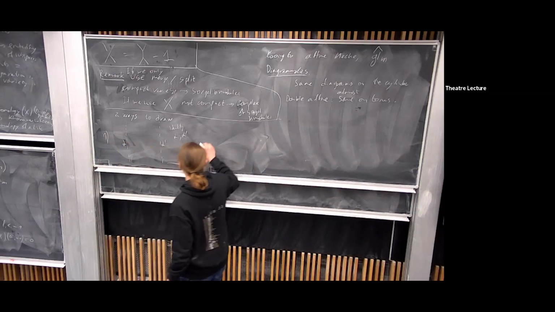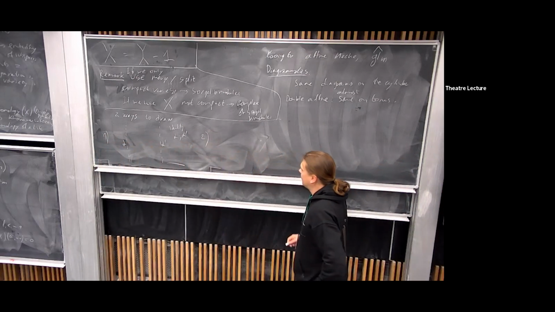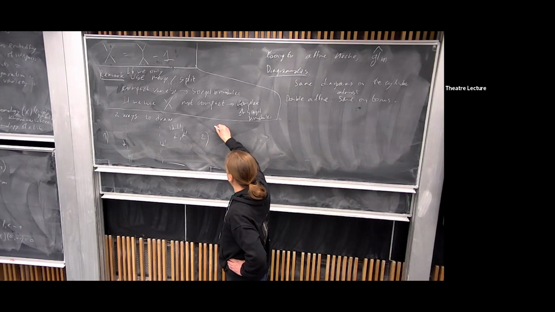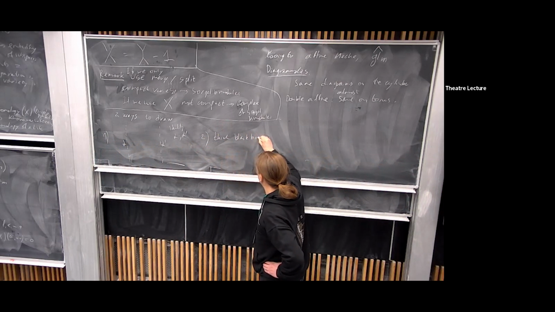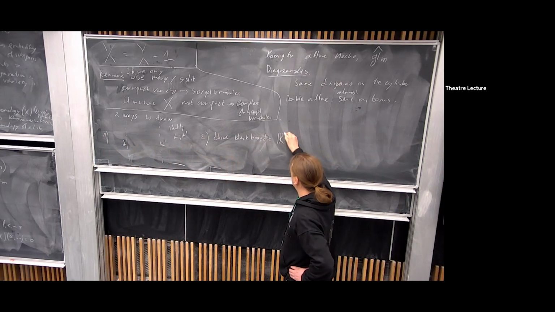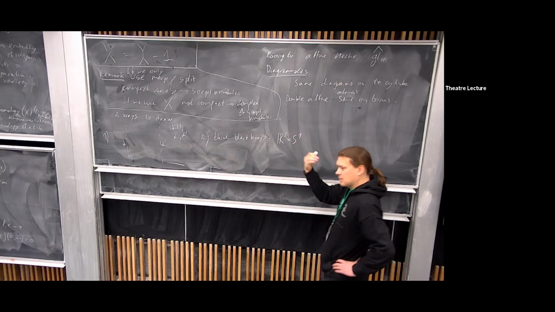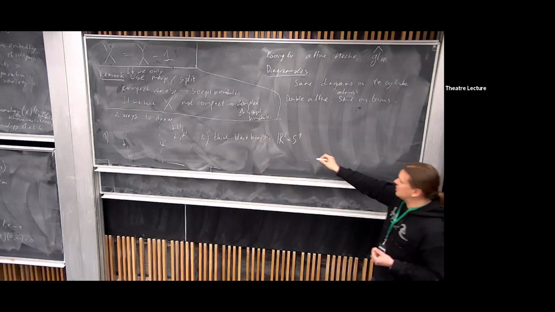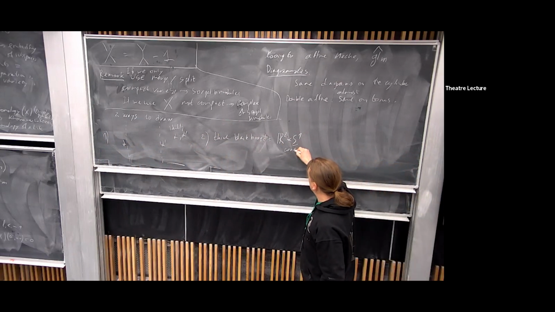So the second way is that I still draw, but I think that our blackboard is secretly R2 times S1. So there is this extra direction that comes perpendicular.